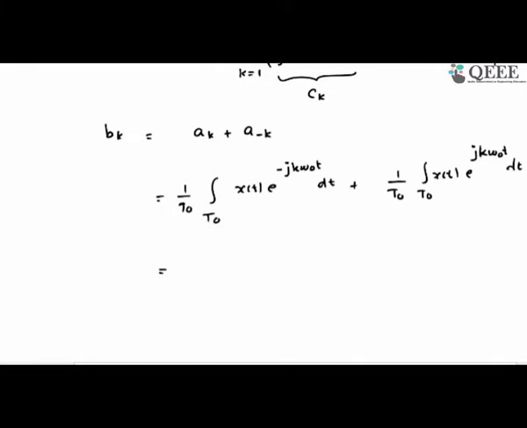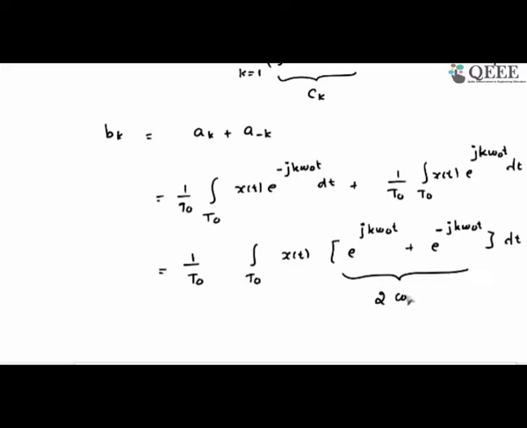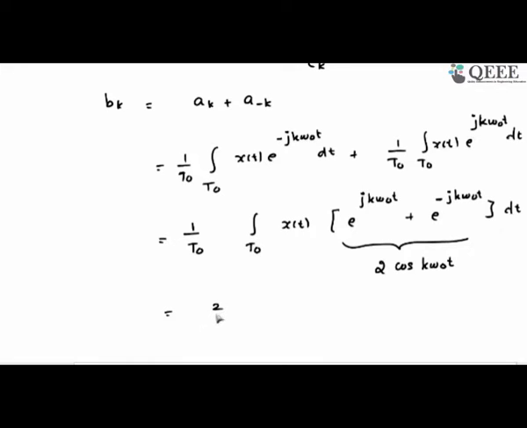So this can be written as 1 by t naught integral over t naught x of t times e power jk omega naught t plus e power minus jk omega naught t dt, but this is nothing but 2 times cos k omega naught t, right. So bk is, taking that 2 factor outside, 2 by t naught integral over t naught x of t cos k omega naught t dt.